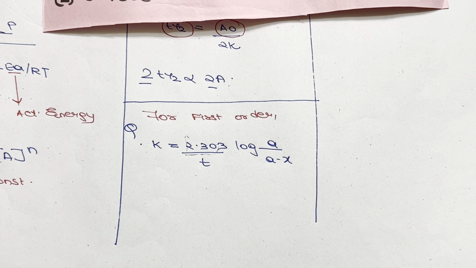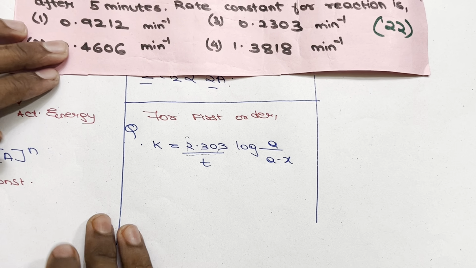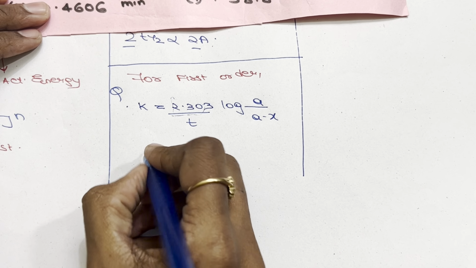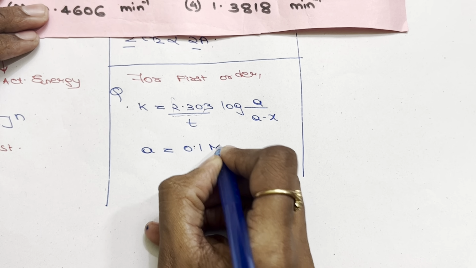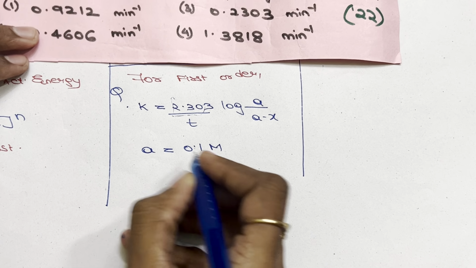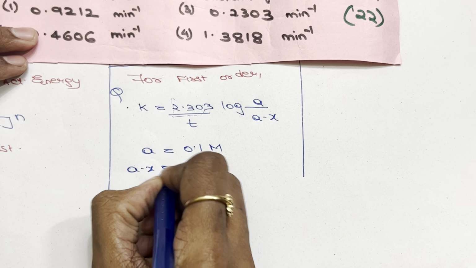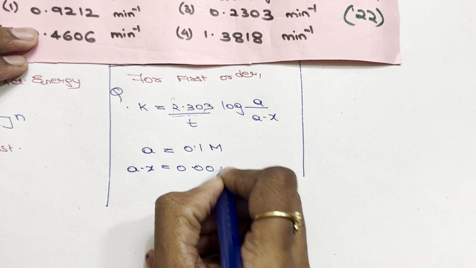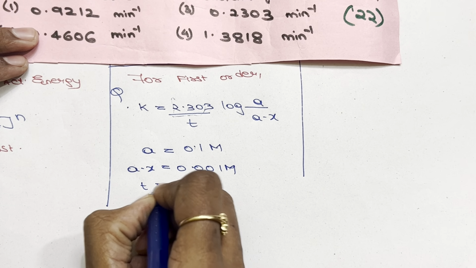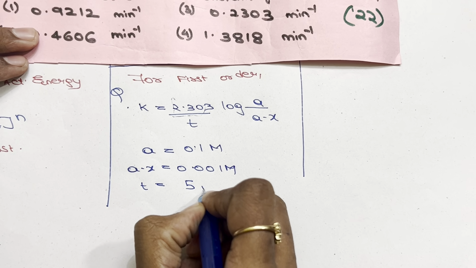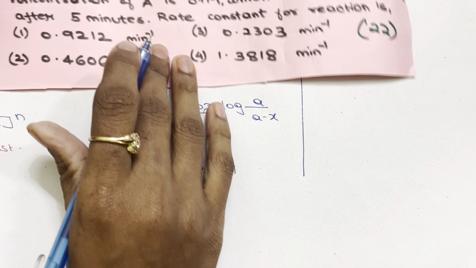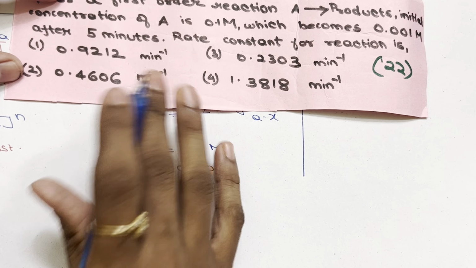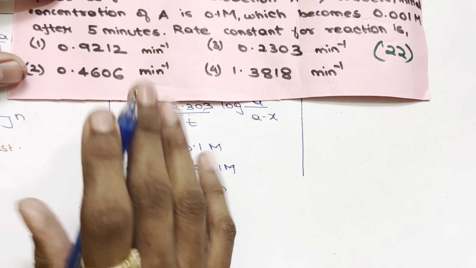Here the initial concentration is 0.1 molar and the final concentration, a minus x, is 0.01 molar. Time t given here is 5 minutes, and if it is given in minutes and the options are in minutes, let it be in minutes. You don't need to convert into seconds.